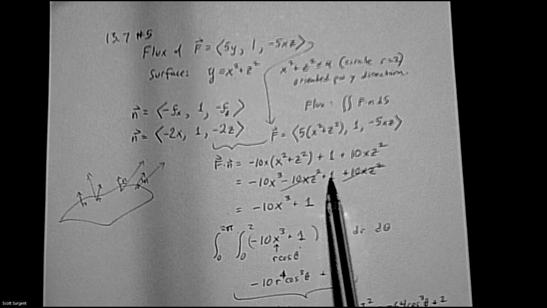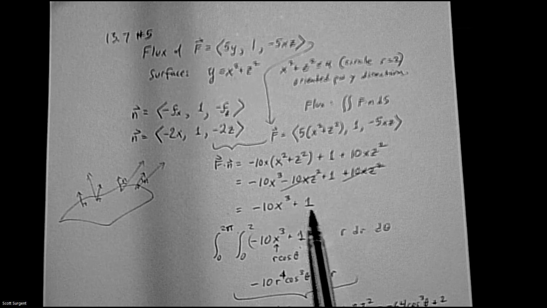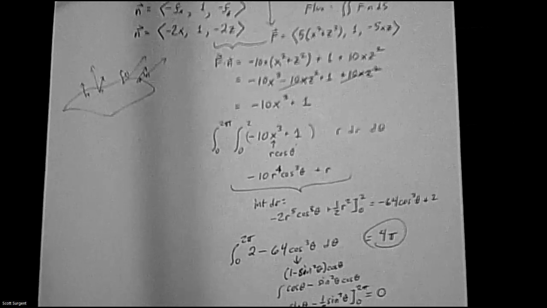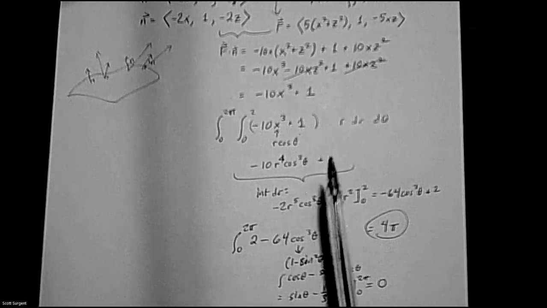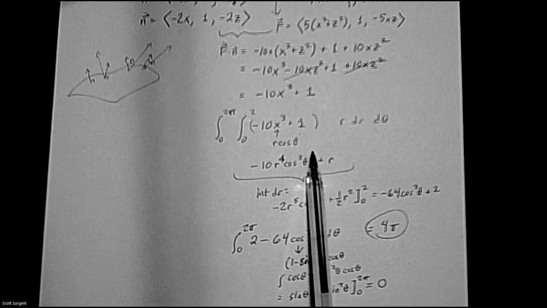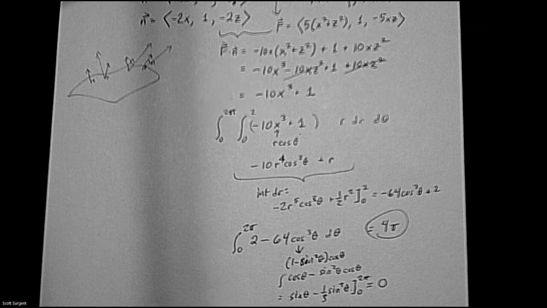We got negative 10x cubed plus 1. And then we just had to beat it with a stick. I'm not going to pretend it was the most fun I've ever had, but it worked out pretty kindly in the sense that we got the zeros at the end for the trig part. I think it worked out pretty good.